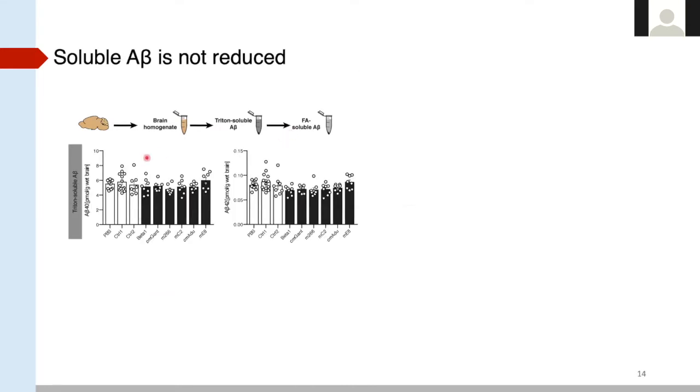Here are the results from the Triton extraction. On the left side is A-beta40, and on the right side is A-beta42. You can easily see that there is no obvious decrease in A-beta40 or A-beta42 in animals treated with amyloid-targeting antibodies.